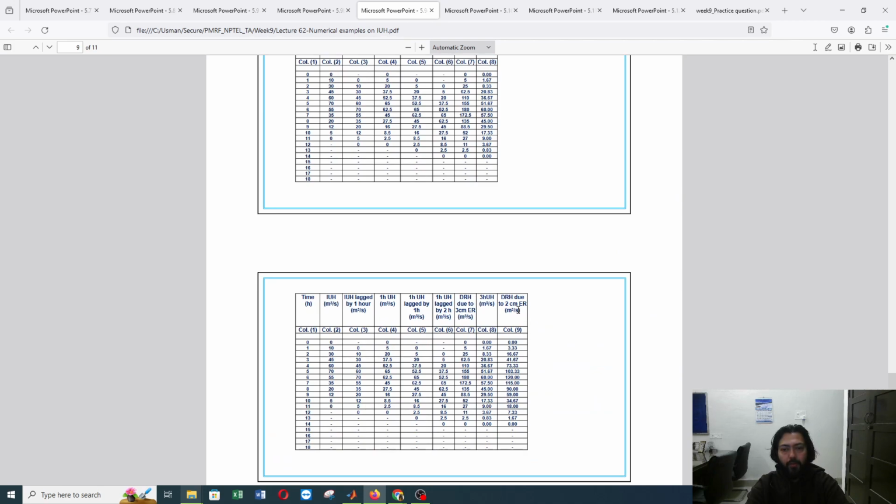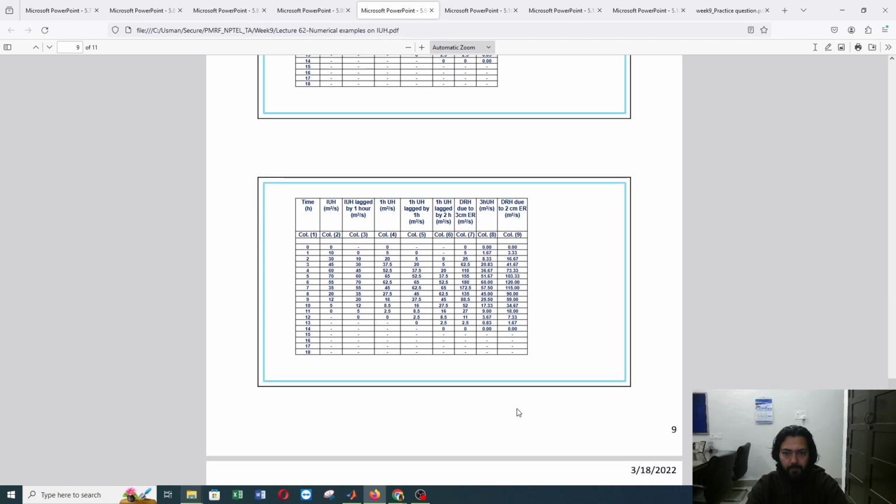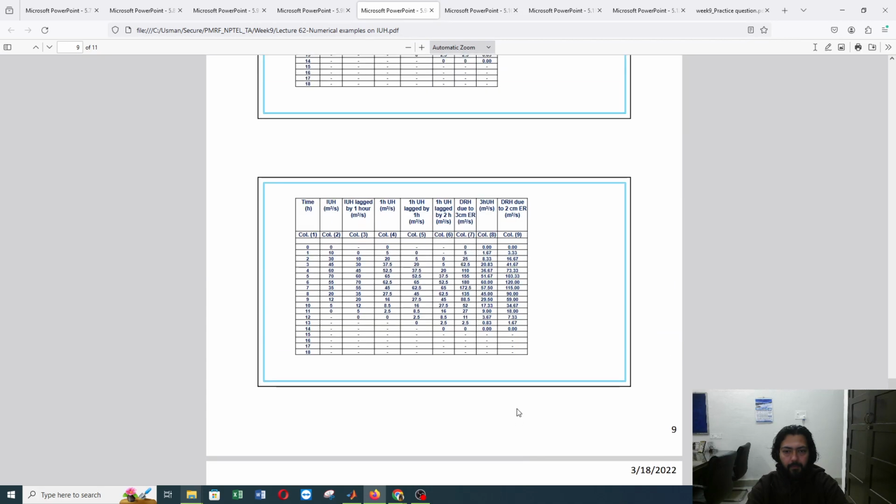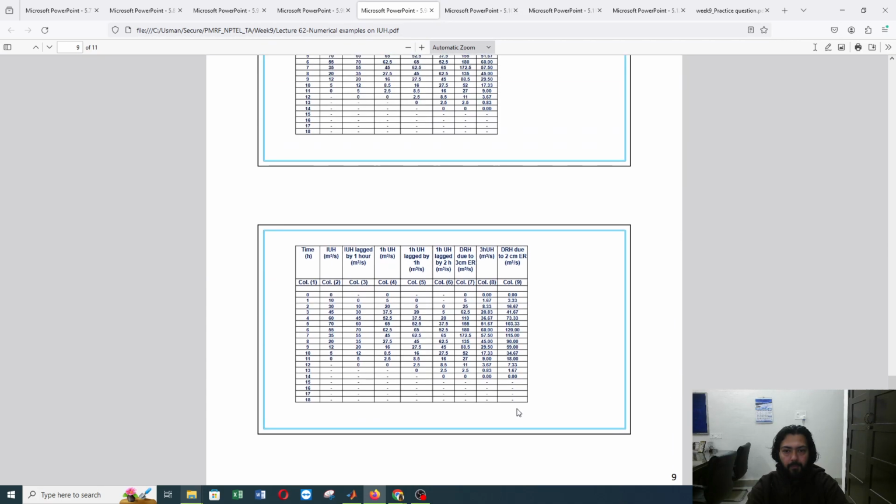So what we are going to do here is derive the DRH due to 2 centimeter excess rainfall, right? So how can we do that? We have the 3 hour unit hydrograph.